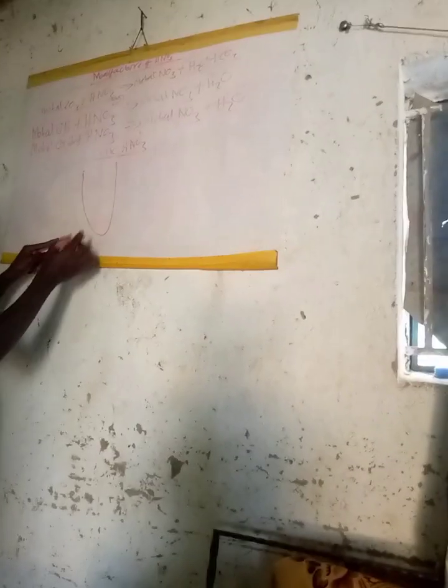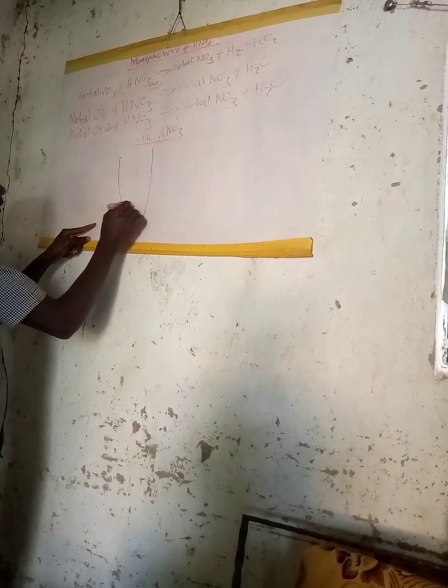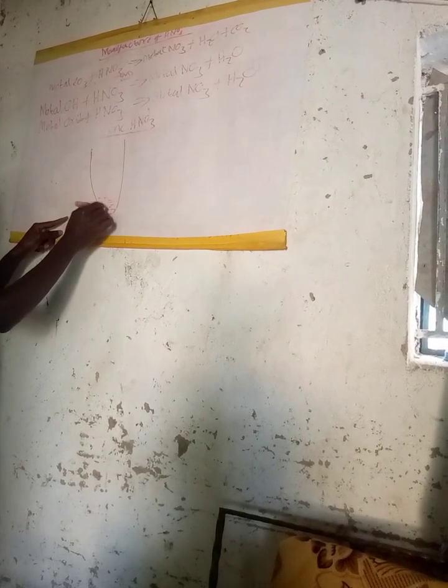I'm not good at drawing, but you just understand. A simple diagram showing how the brown ring test is carried out.